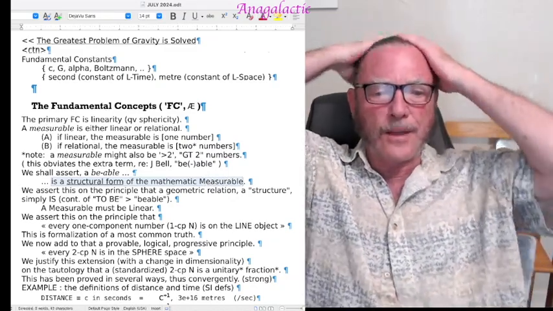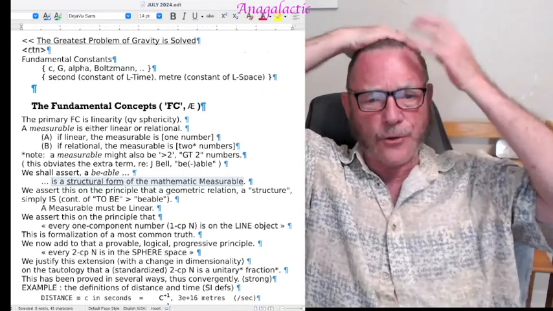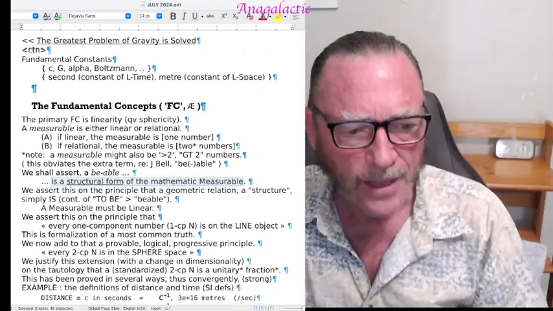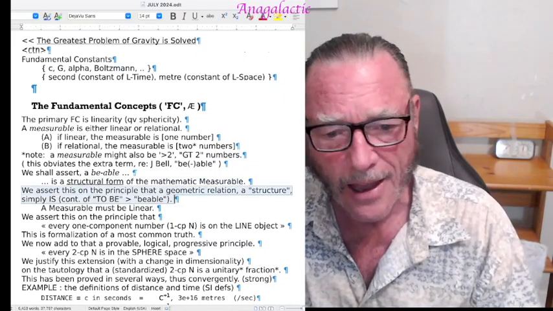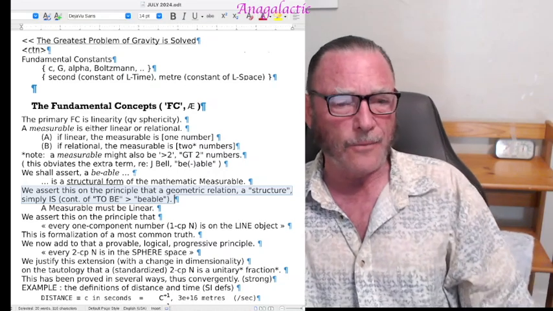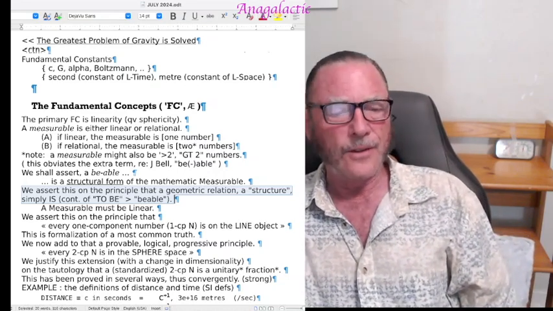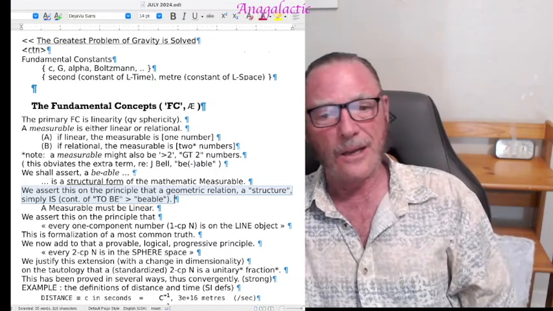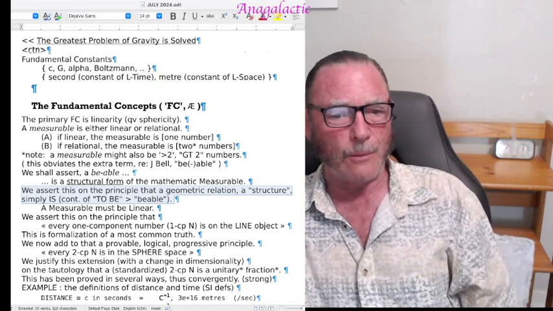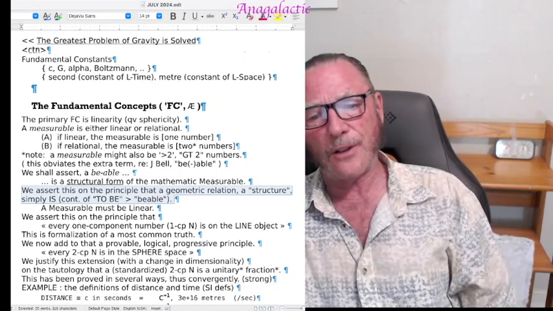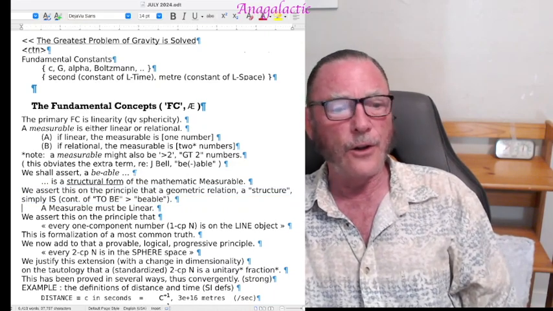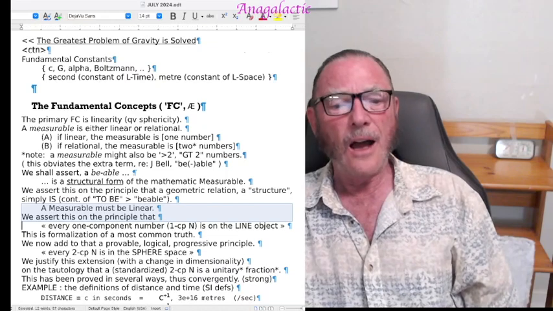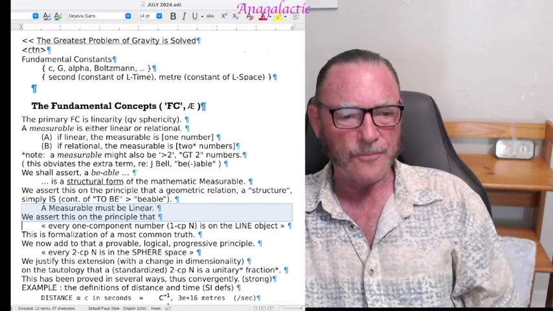It's because something measurable might be in structural form, in which case it's a two-number solution. Nobody has ever figured that out. That time-space requires two numbers. Light speed requires two numbers. Aren't you basically stating that you have a two-component number system? Nobody's ever discovered it. I discovered it.